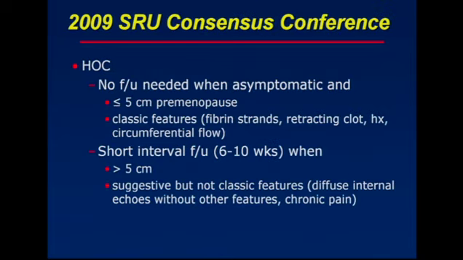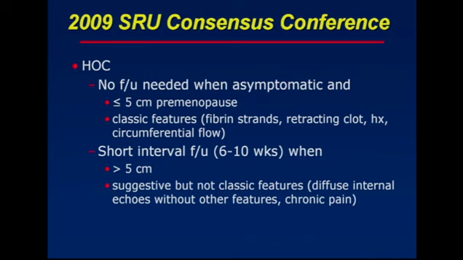So, based on this evidence, the SRU Consensus Conference decided that if you had an asymptomatic patient with a hemorrhagic ovarian cyst based on the sonographic appearance, you really didn't need follow-up at all if it was less than or equal to 5 centimeters in size, and you could be confident that it was a hemorrhagic ovarian cyst.